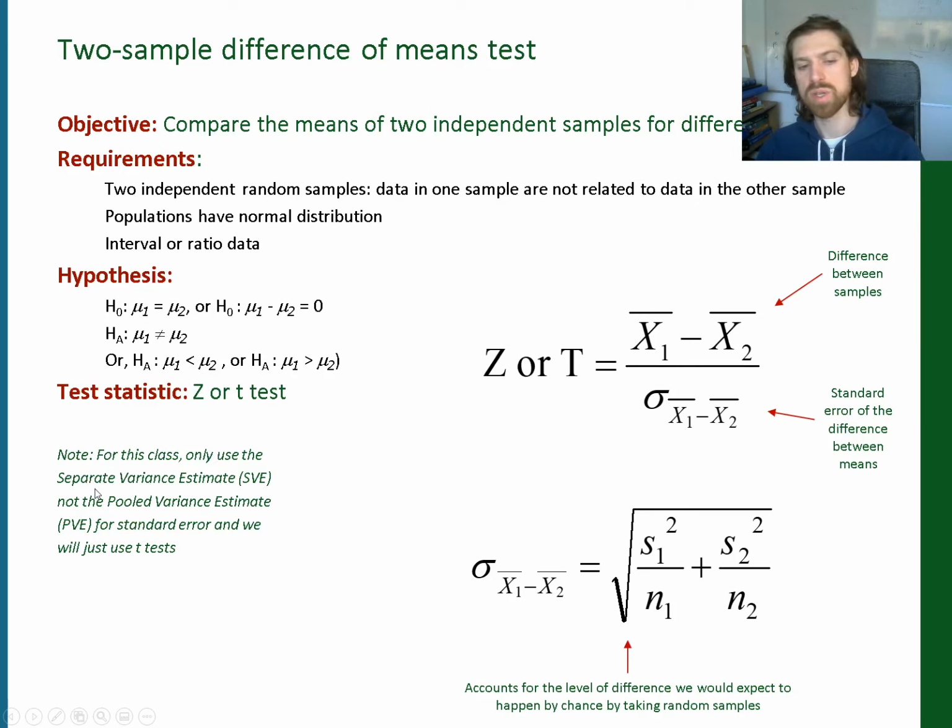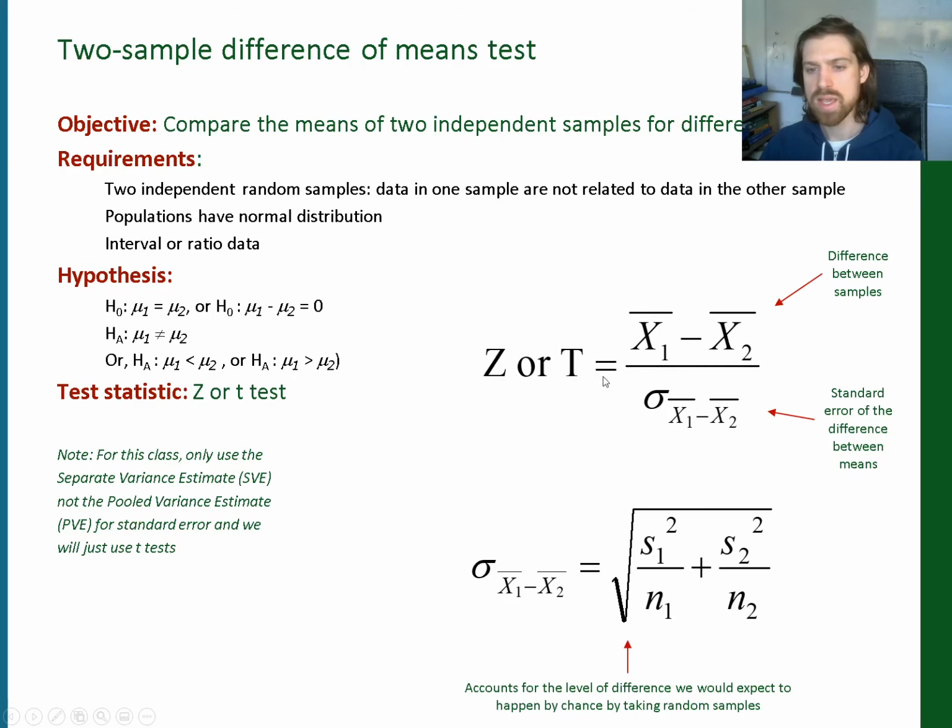So today we're going to be using the separate variance estimate, and you'll recognize this within the book. They also go over the pooled variance estimate, but we're not going to be getting into this in this particular lecture today. So we're just going to focus on the SVE. So how do we calculate that test statistic for this particular approach?